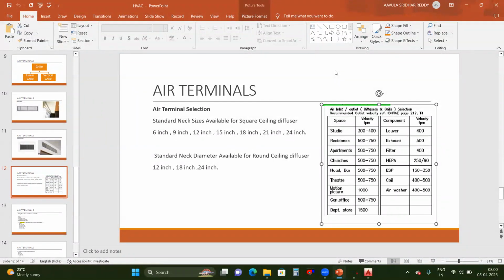First we'll take one example and see the calculation. Before that, we have some standard sizes available for the grills and the square ceiling diffusers.